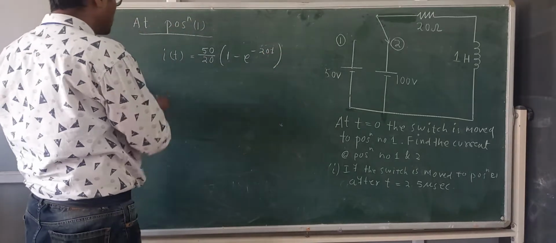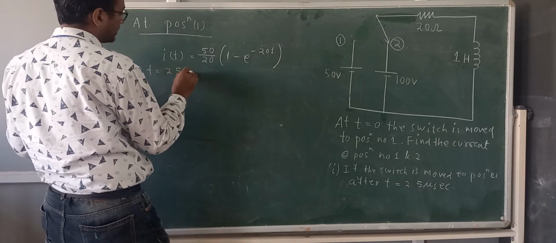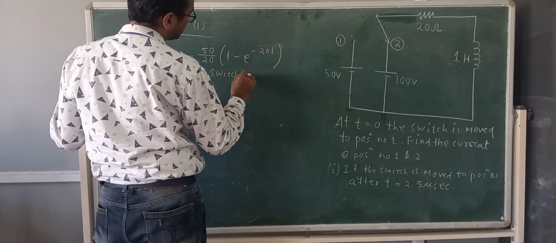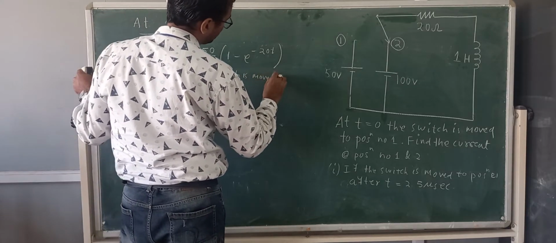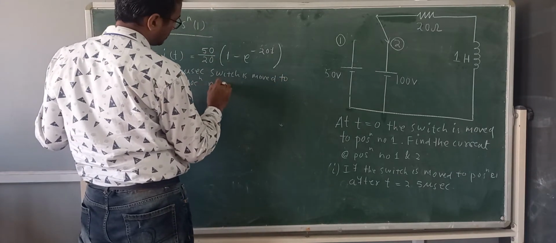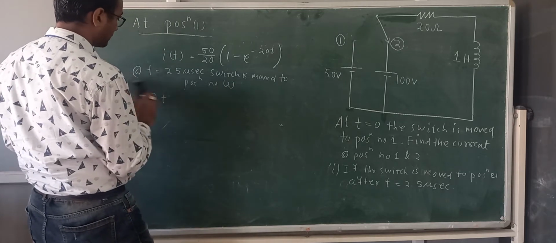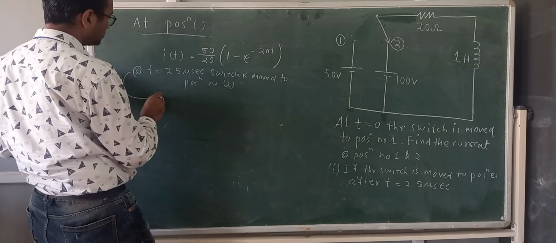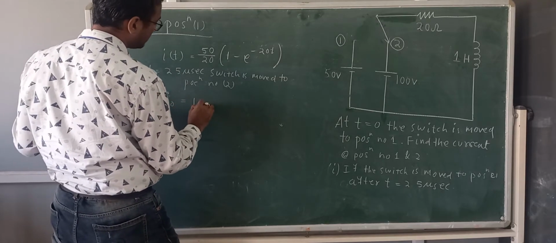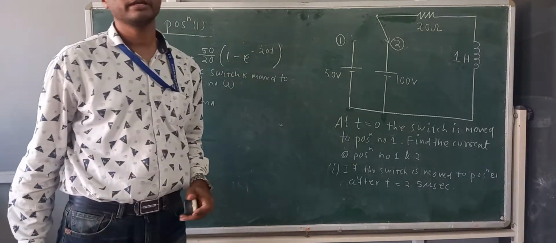So at t equals 2.5 microseconds, the switch is moved to position number 2. At t equals 2.5 microseconds, what was the current flowing initially? 1 milliampere. We have derived it; in place of t, put 2.5 microseconds.